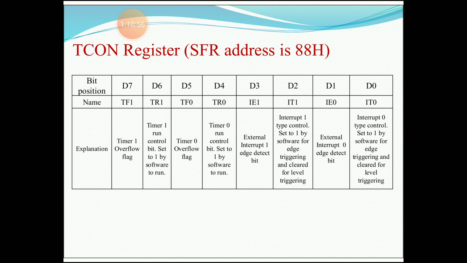And TR0 and TR1, these two bits belong to the timer 0 run bit and timer 1 run bit. These two bits are set to 1 to perform the timer operation. And TF0 and TF1, these two bits are set by hardware, that is, when the timer 0 overflow condition occurs or the timer 1 overflow condition occurs, these two bits are set. So this is about the TCON register format.